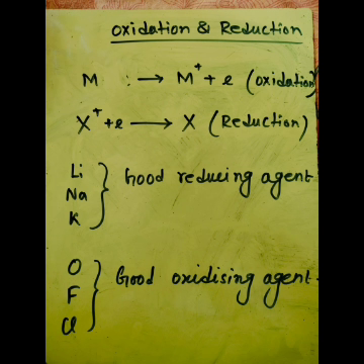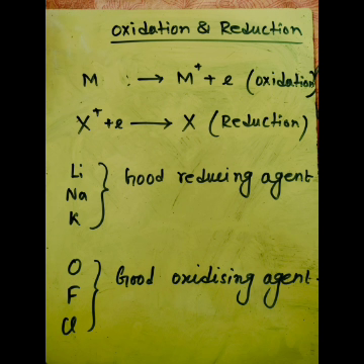So for them it is very easy, because after removing an electron they attain a stable electronic configuration. So these elements participate in oxidation reactions, and their valence electrons are easily oxidized.